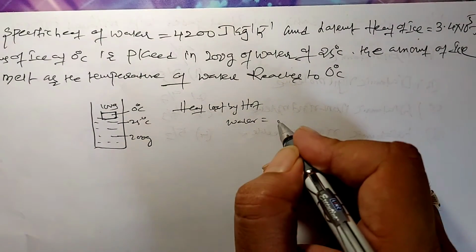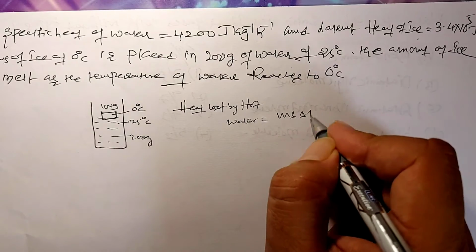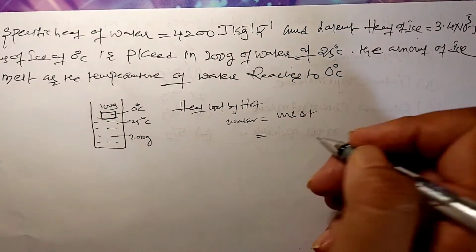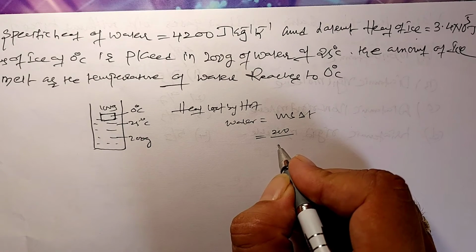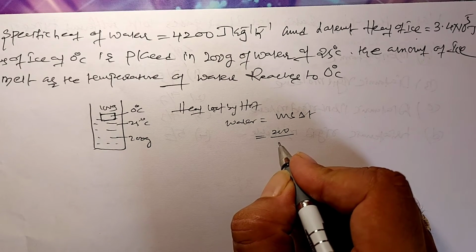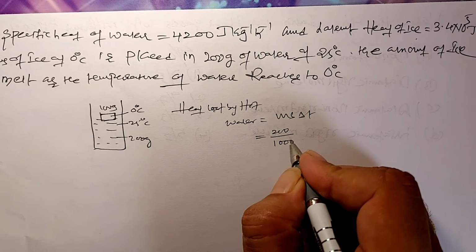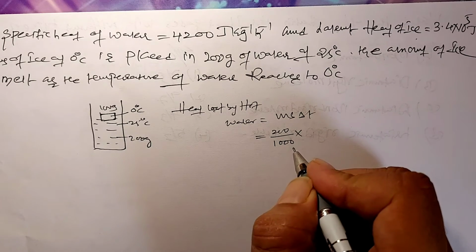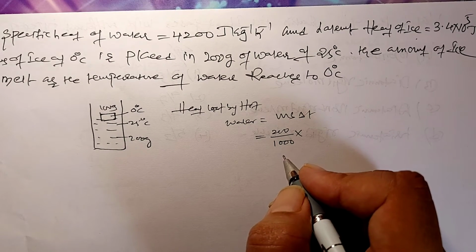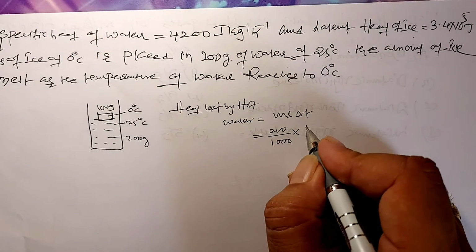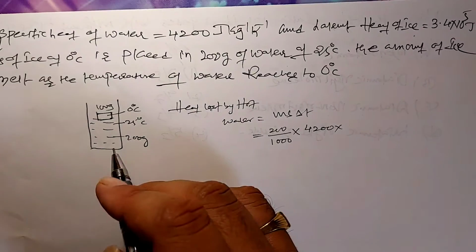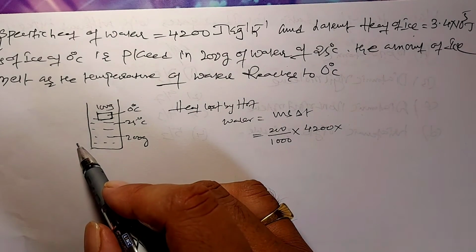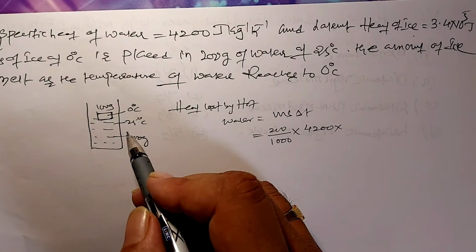is equal to m s delta T. Here m means hot water, 200 grams. This should be converted into kilograms, so 200 divided by 1000. The specific heat of water is 4200, times delta T. What is the temperature difference of water?